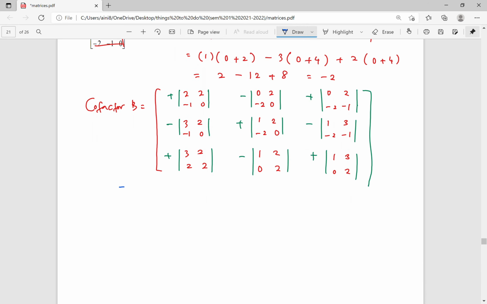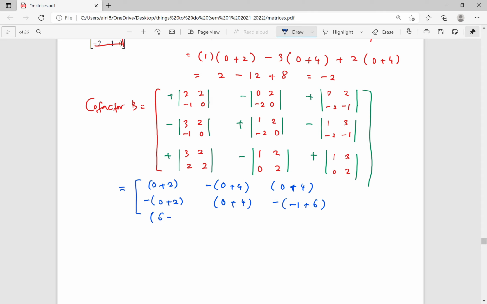So the answer for cofactor B is 0 minus 2 is plus 2. And then minus 0 plus 4. And then 0 plus 4. For the second row, 0 minus is plus 2. And then 0 plus 4, minus 1 plus 6.